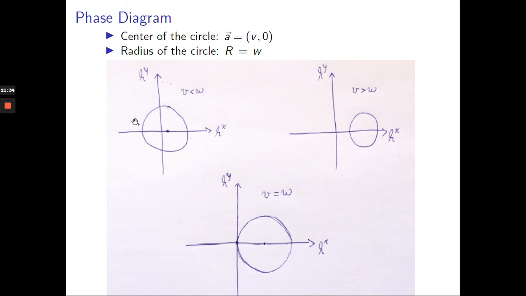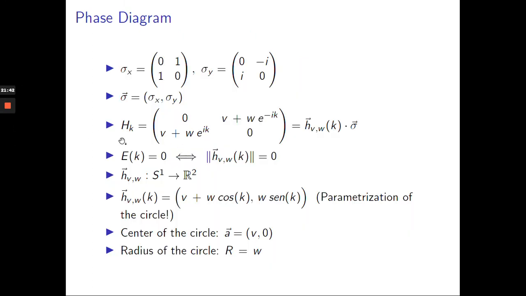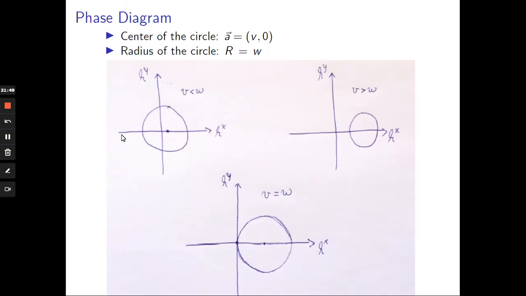And so, since our Hamiltonian will be described by these matrices H_k, we see that if I go from a system where V is smaller than W to one where V is bigger than W, that will correspond to a family of circles continuously moving in this direction, and it will have to at some point touch the origin.